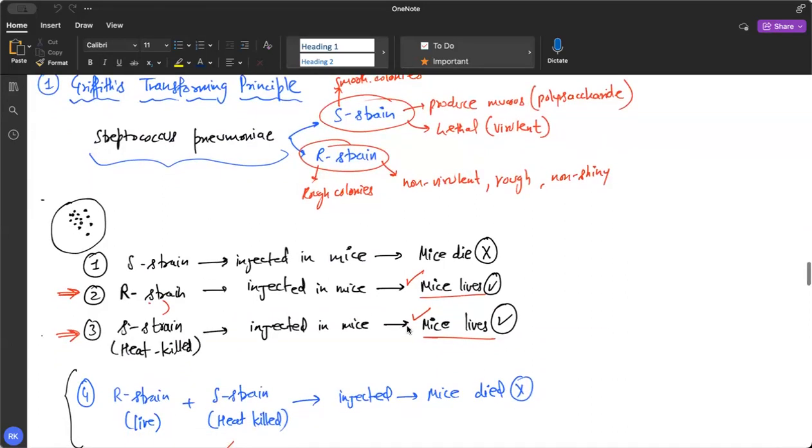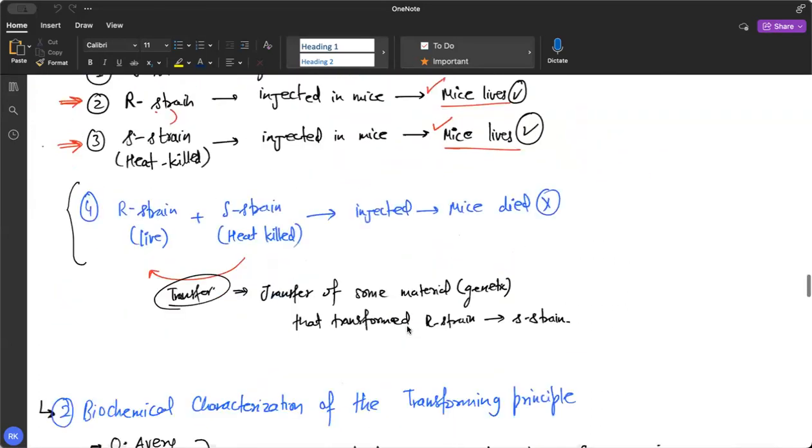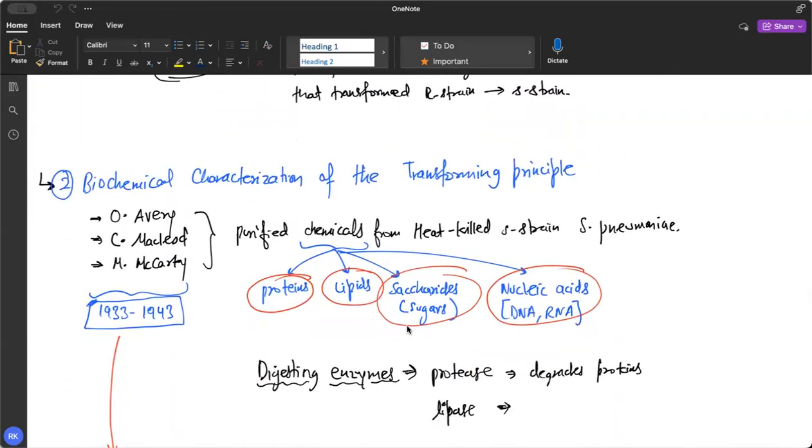This is often asked in boards, inevitably, along with all the experiments that followed to prove that DNA is the genetic material. So from the boards point of view, you have to be thorough with what the experiments were and in what series they were done to prove that it is indeed DNA which is the genetic material.